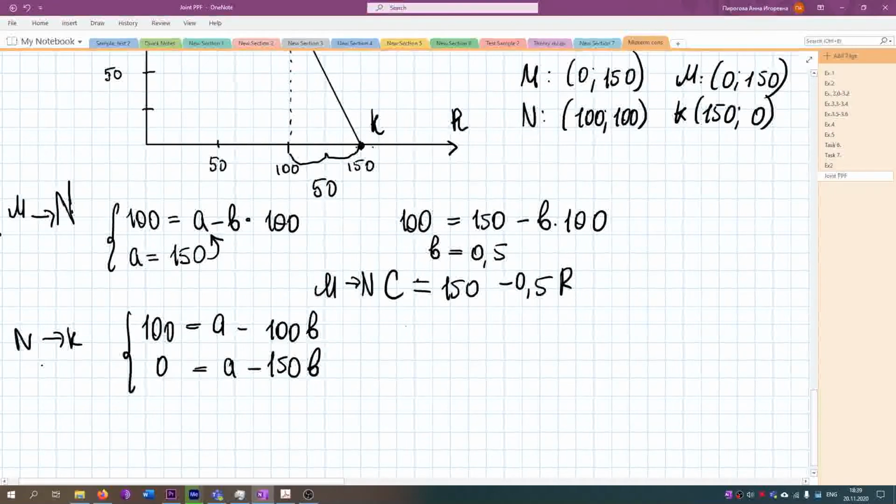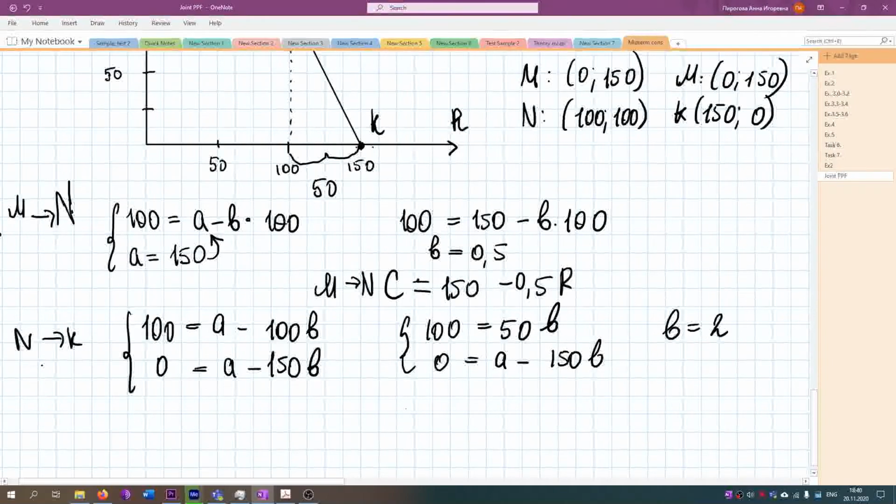And now we just solve the system. 100 is equal to 50B, and 0 is equal to A minus 150B. B is equal to 2. 0 is equal to A minus 300.